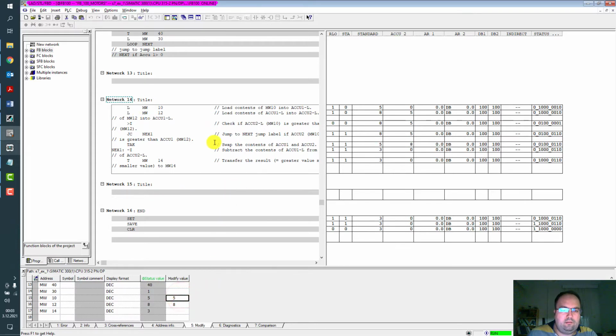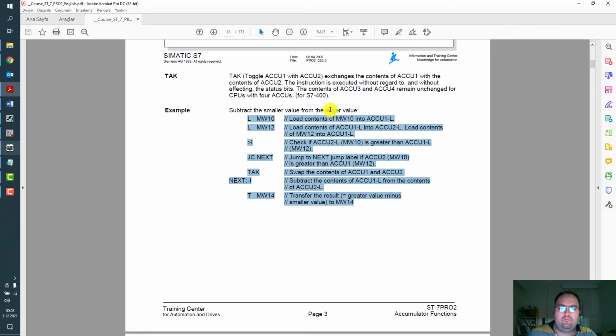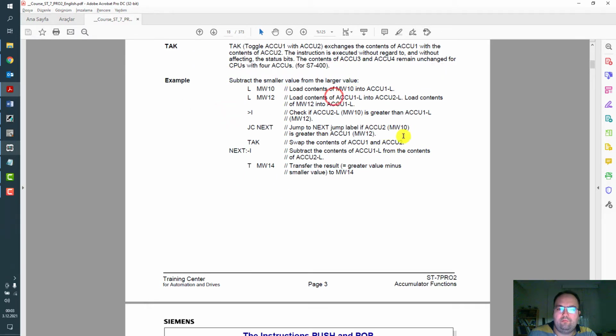So this way, you are always sure you subtract the smaller number from the greater number, and the result will always be positive. Subtract the smaller value from the larger value.